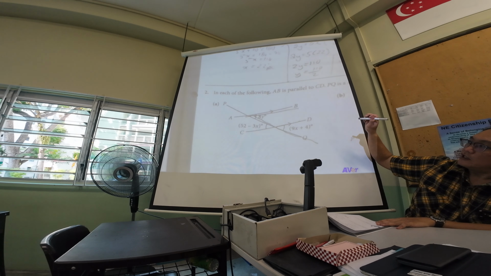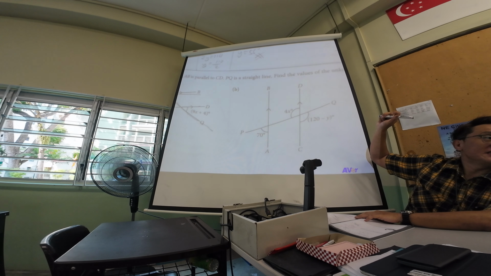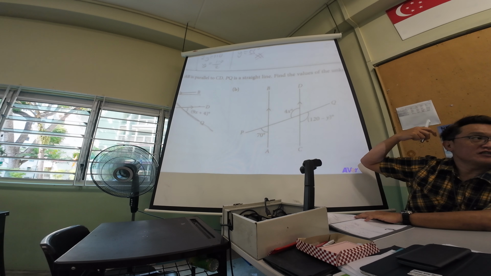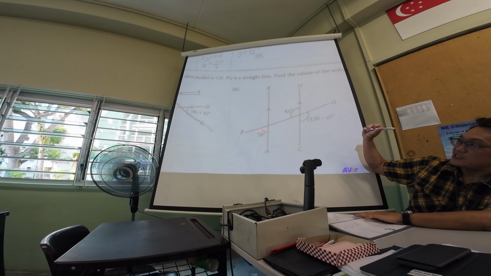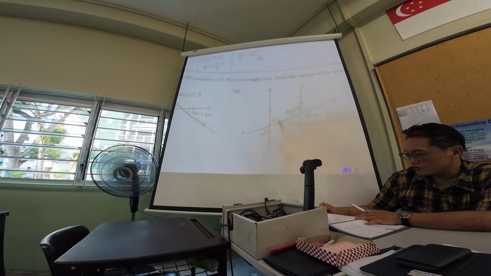Okay, this one got x, got y. So these two angles to me at first are not useful. Because in math, I always want to use what I know to find what I don't know. So if I want to make use of this 70, it is now too far. So I have to first use 70 and know that this vertically opposite is also 70.